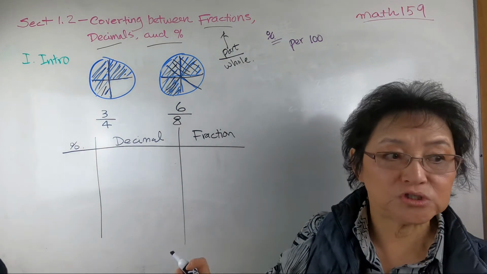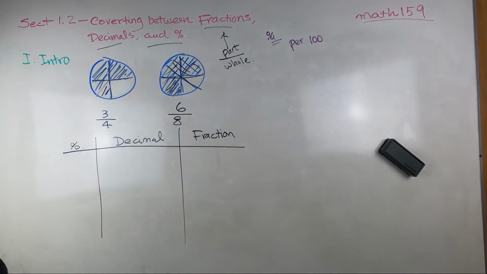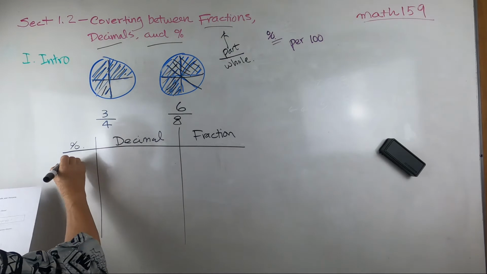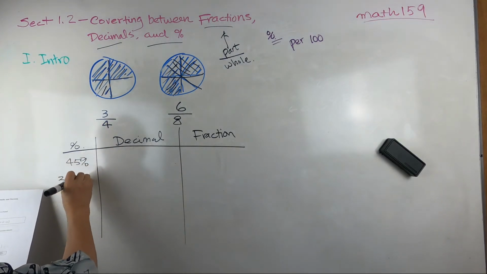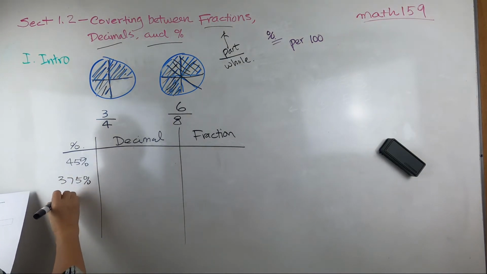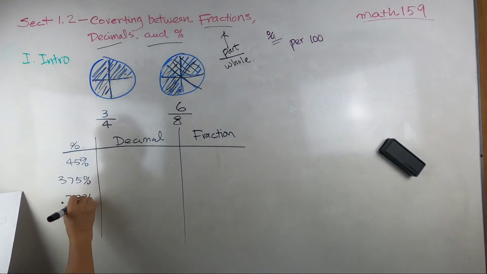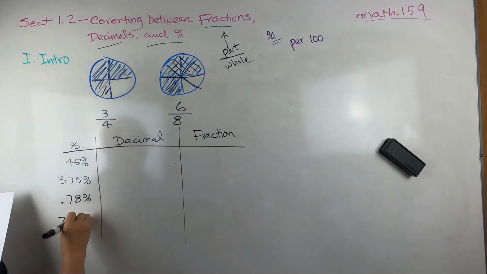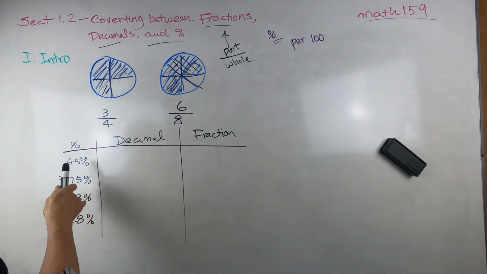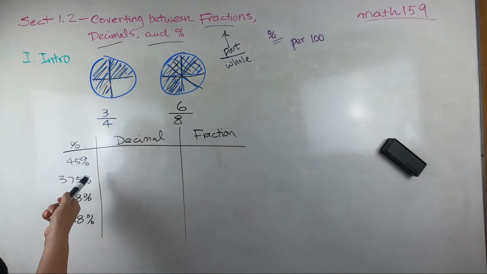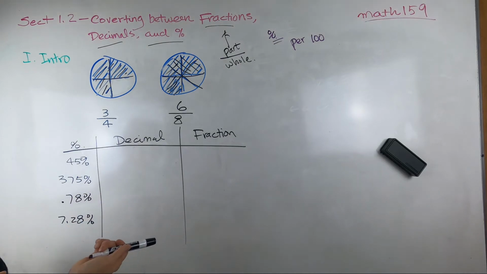So let's first convert the percentage to decimals, then to fractions. We have 45%, which is 45 out of 100, 375%, 78%, 0.78%, 7.28%. If you change to a decimal, 45%, 45 cents, how much of a dollar is that?